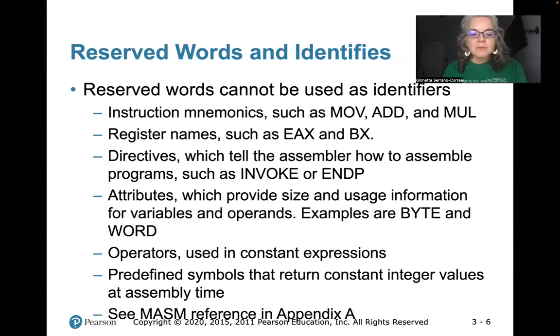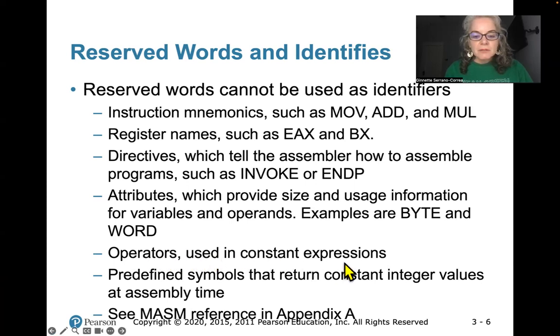There are also certain attributes which give you the size and usage information for variables and operands, like the size of a variable, word or byte, that you looked at in, I believe, chapter 2. Those are also reserved words and cannot be used as identifiers.